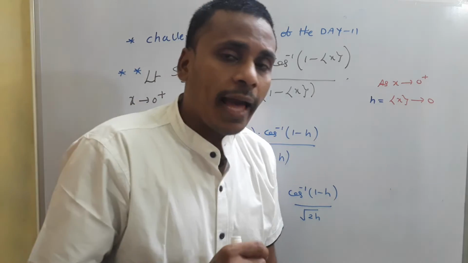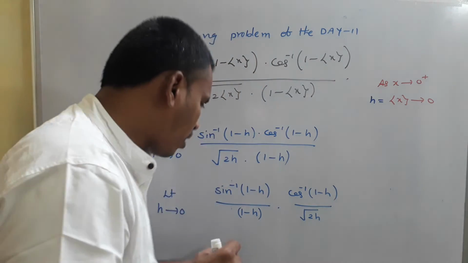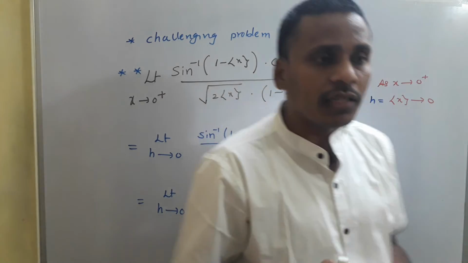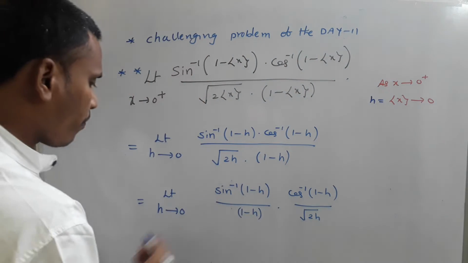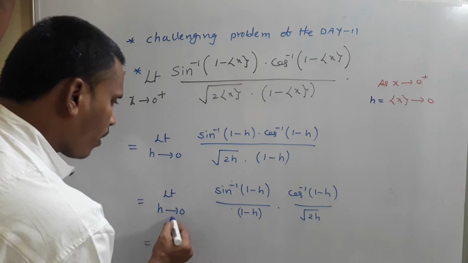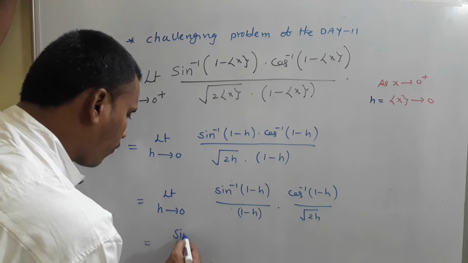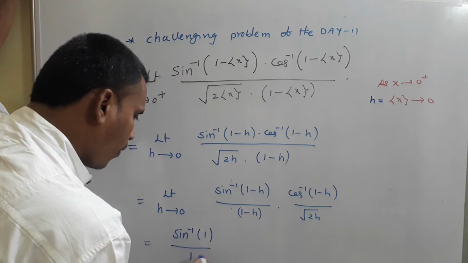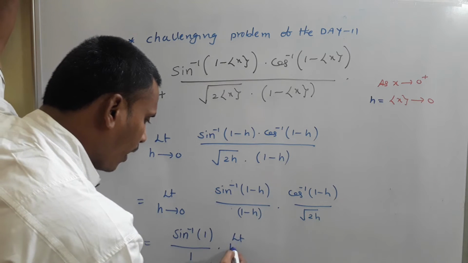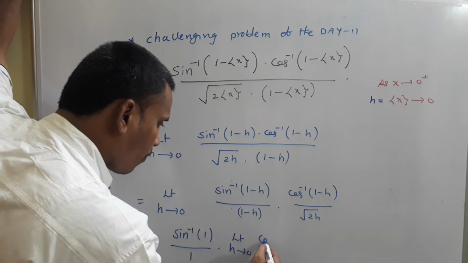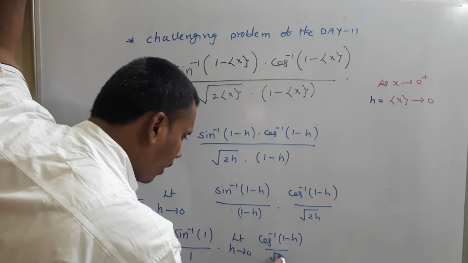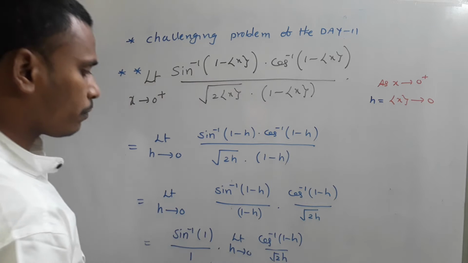So for that, I am just substituting directly in the first term of the product, and I will do some more manipulation at this second term to avoid indeterminate form. And now this is equals to, when you replace h tending to 0 in the first term, sin inverse of 1, because 1 minus 0 is 1, divided by 1, limit h is tending to 0, cos inverse of 1 minus h divided by root 2h.